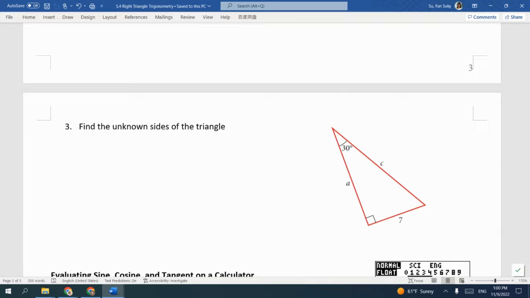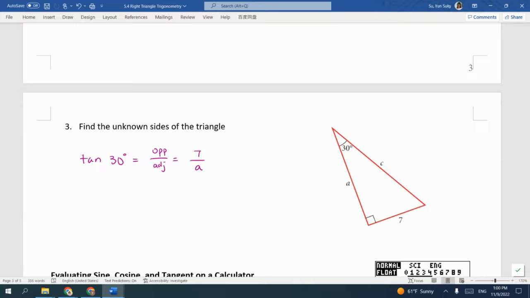So we have opposite. Okay, so tangent 30 degrees is opposite over adjacent. Opposite is 7. Adjacent is A. Yes, everybody?